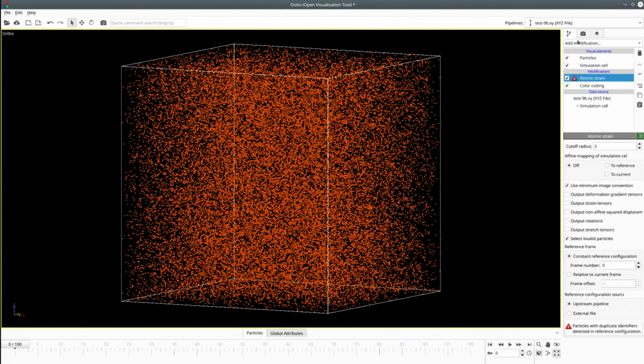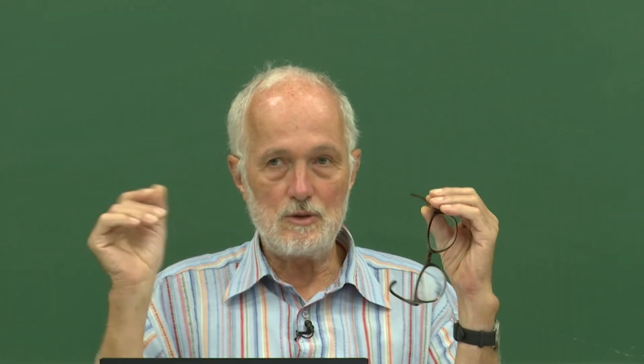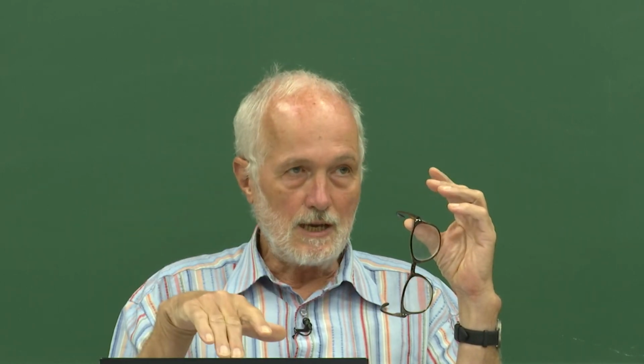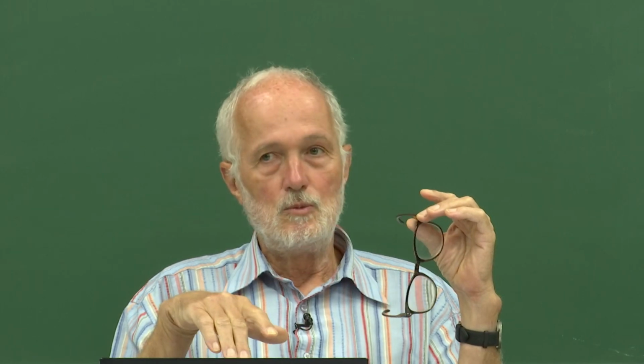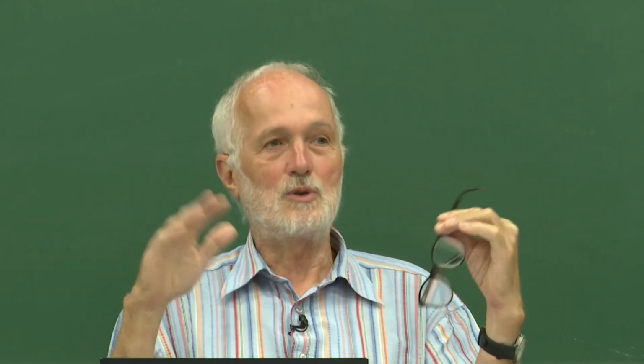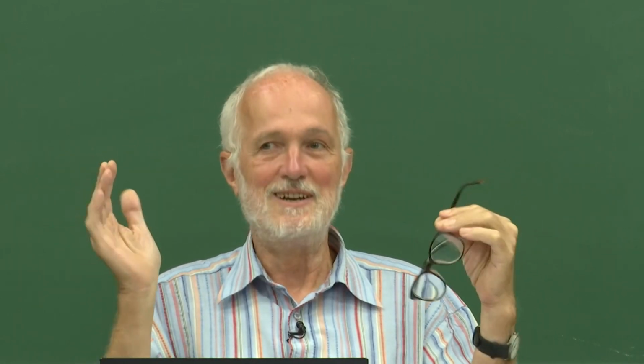So if you store data, for example in an MD simulation or an MC simulation, in an MC simulation you have no strain. But in MD simulation, you can tell LAMMPS which parameters it's supposed to store. And of course, what is not available to the visualization software, it cannot visualize.